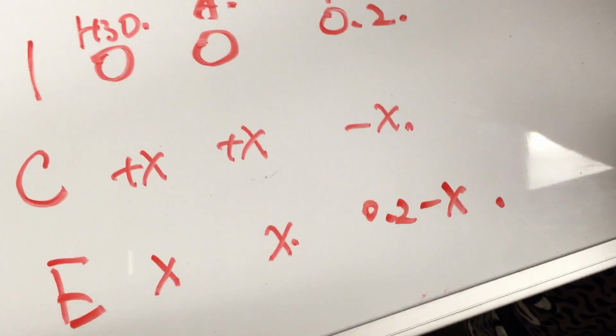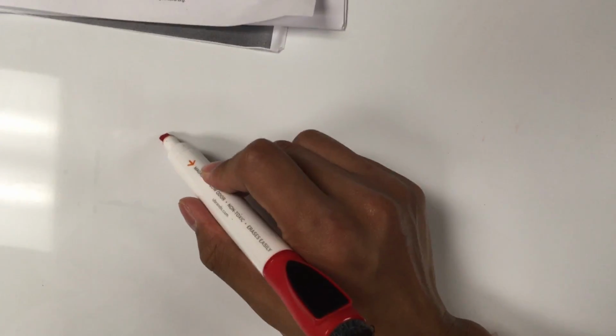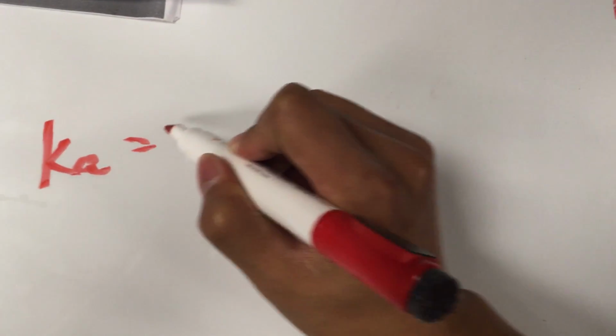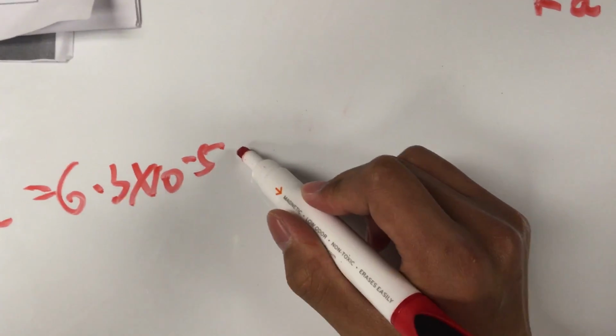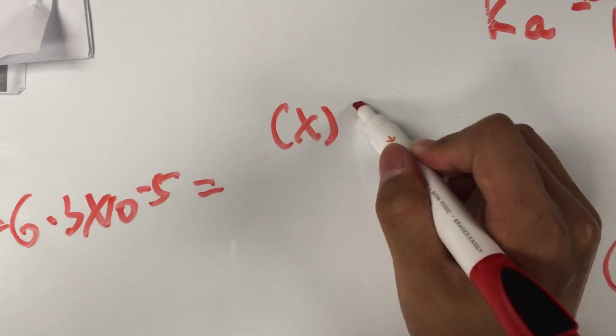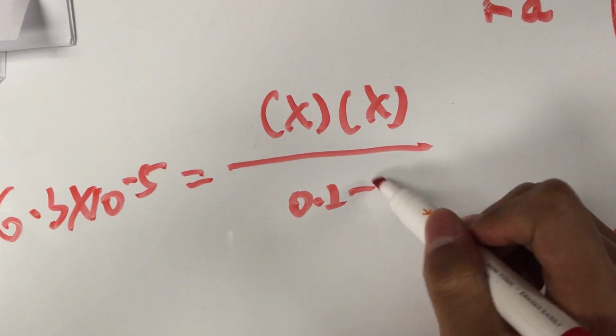Based on the ICE table here, we can get the equilibrium formula: Ka equals 6.3 times 10 to the minus 5 power equals x squared divided by 0.2 minus x.